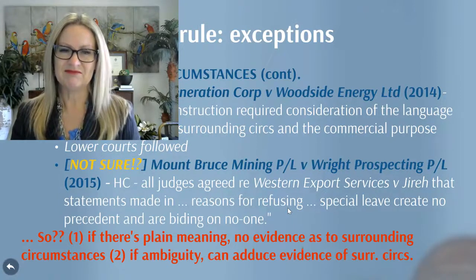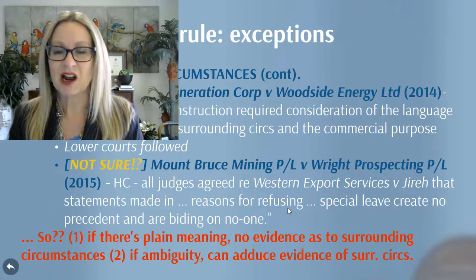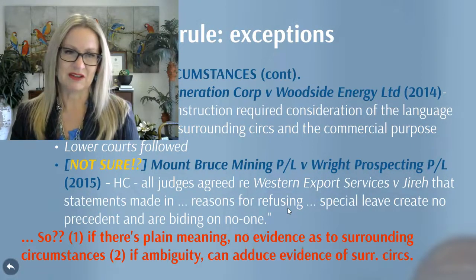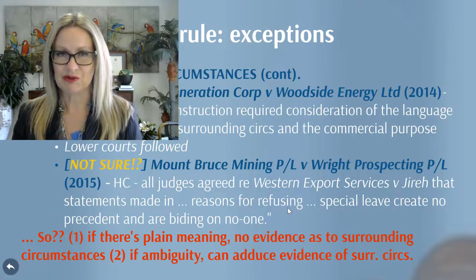So I guess the position is that we are still currently unclear. I would suspect that this is on the High Court's list of items that it wants to resolve in the near future.